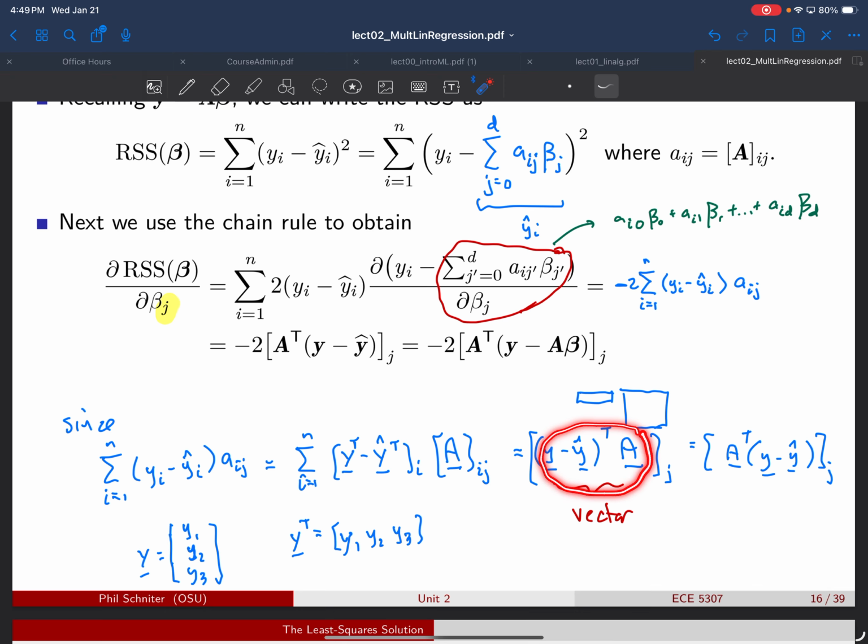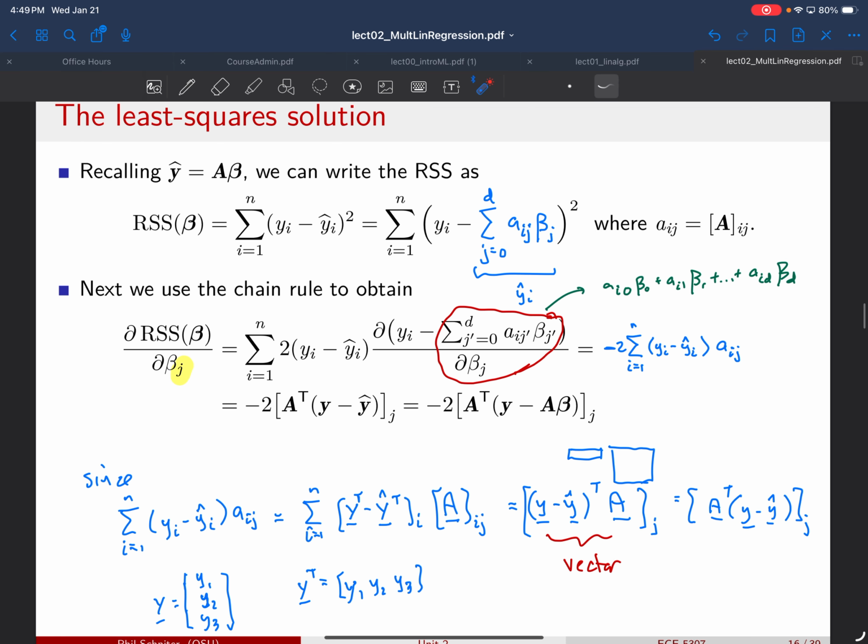I transpose that row vector, I get the column vector. But since I'm extracting the jth entry, they're equal. Oh, okay, I see. Okay, great. So that's how we got to here, basically. And then the last step is I just plugged in the vector expression for y hat, which is A times beta.